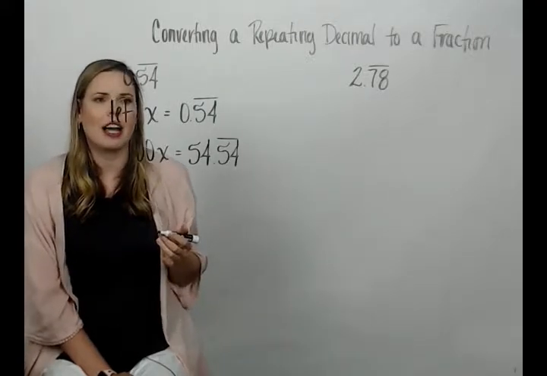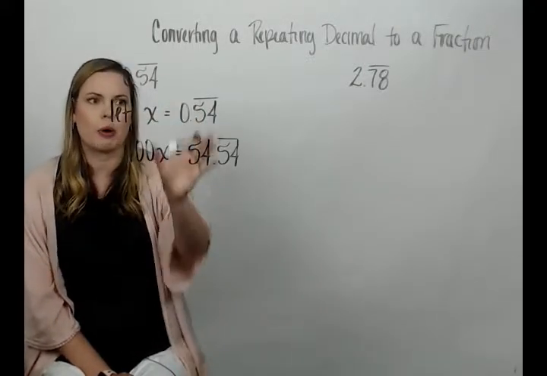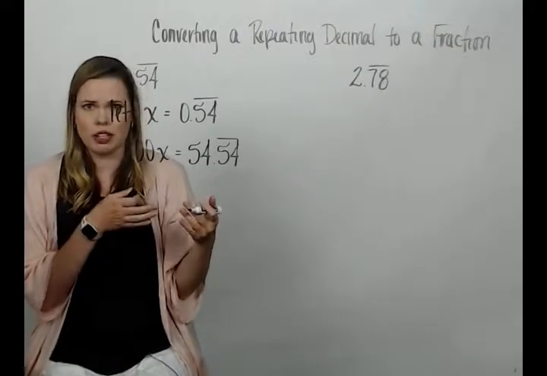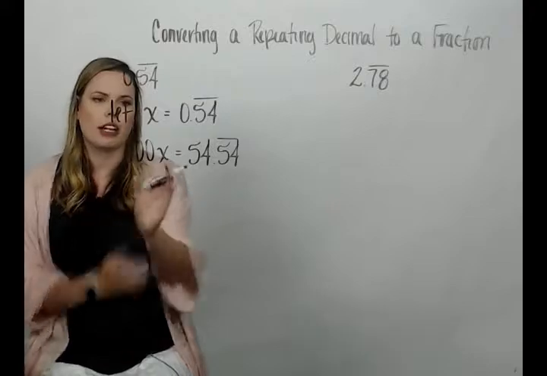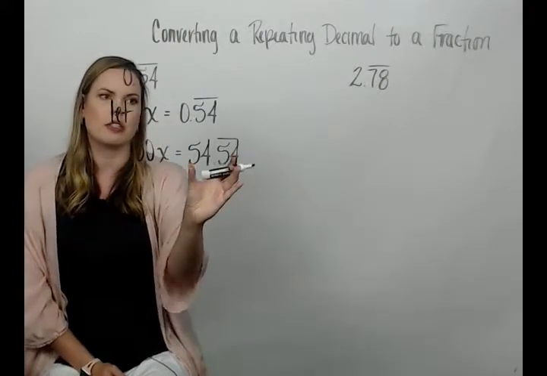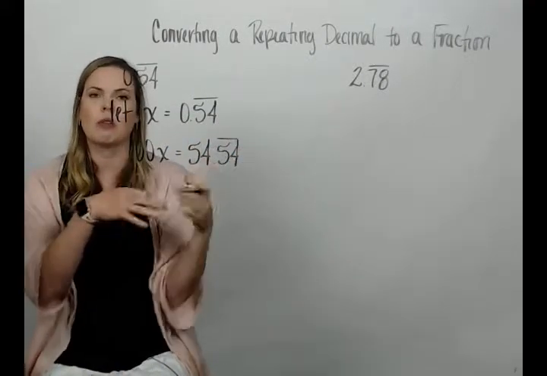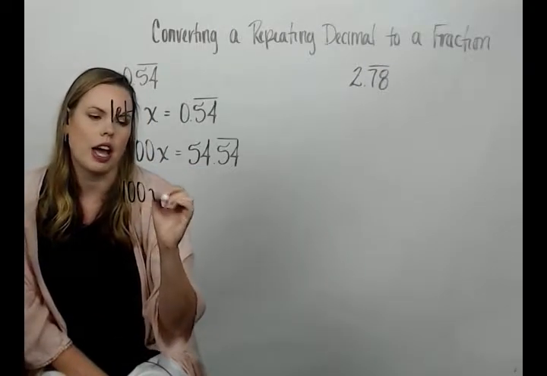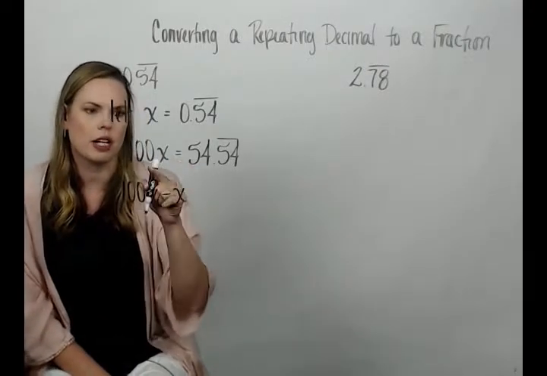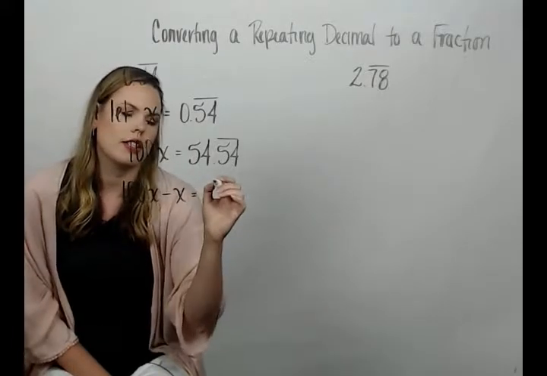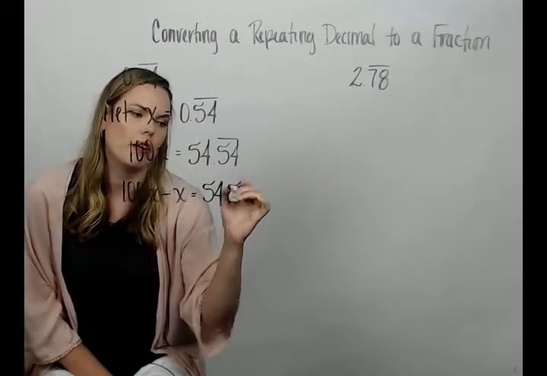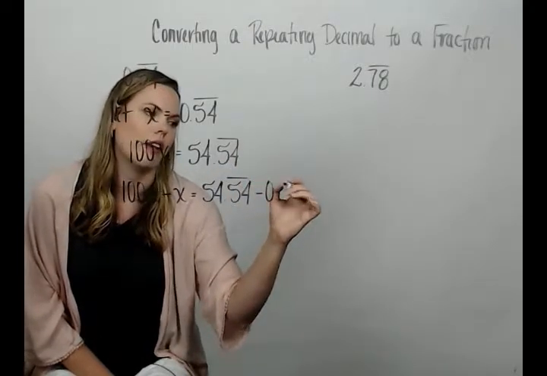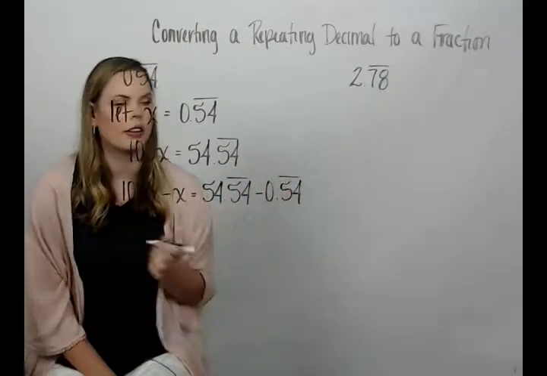Then I can set up an equation where I subtract both of these. If we have two equal equations, then we can subtract them from each other. So I can do this minus this equals this minus this, because these are equal and we can subtract equal parts. So 100x minus x is equal to 54.54 repeating minus 0.54 repeating.